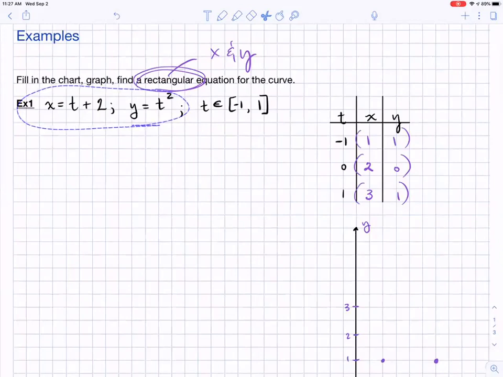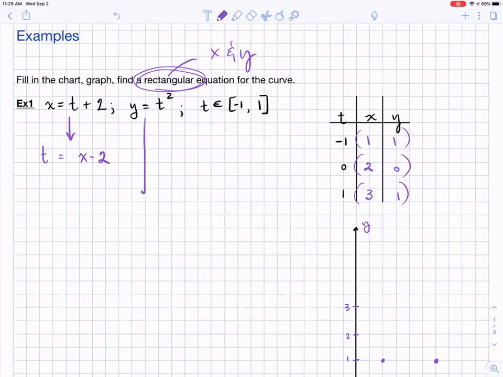Well, if you take the first equation, can you find out what t equals in the first equation? Yeah, t is equal to x minus 2, just by rearranging. Well, now that you know what t is, can you take what t equals and go plug it in for the other t value in the other parametric equation?